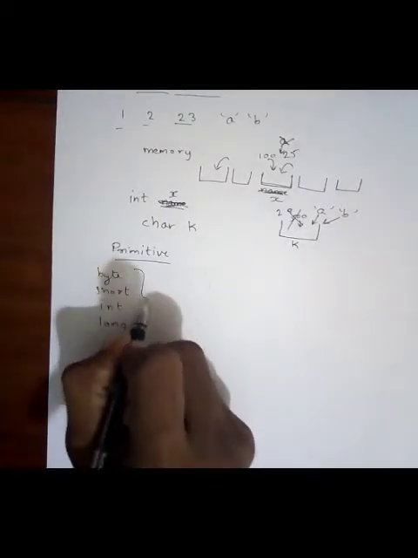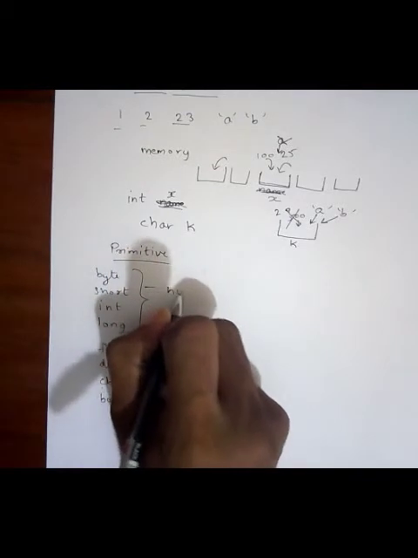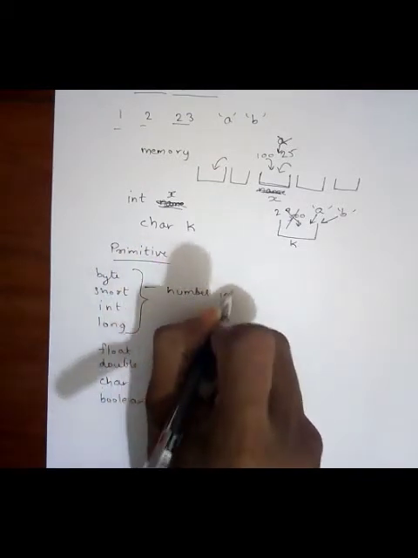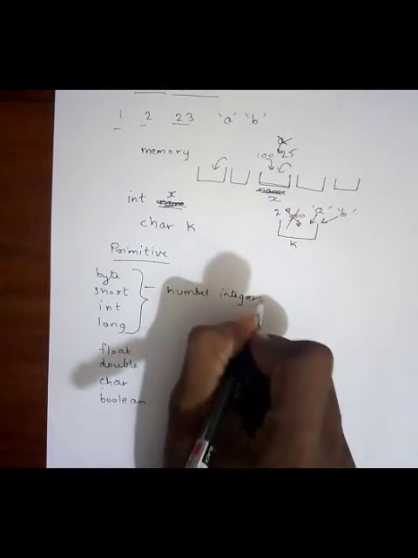So what are these? The first ones are boxes meant for numbers or integers. So we could put 100, 1000, any kind of numbers we could put inside these boxes.